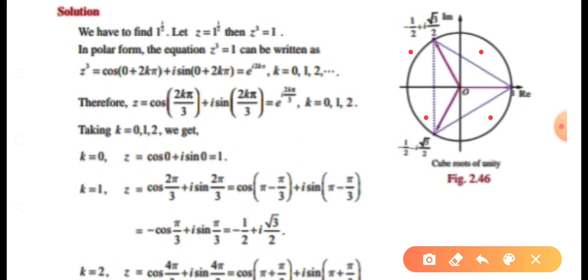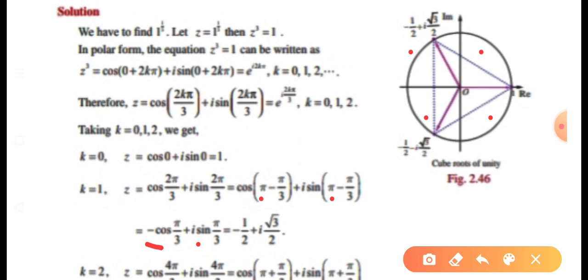Here we have cos θ, so we get a minus symbol, and sine gets a positive sign.